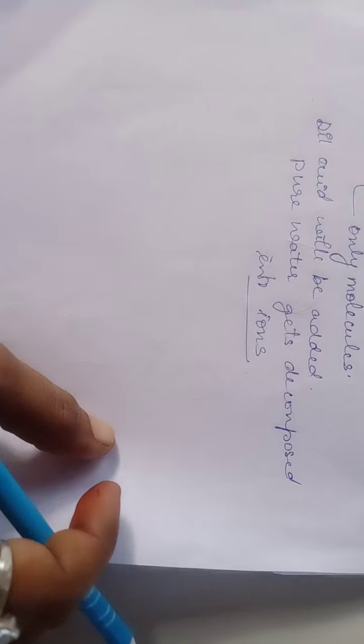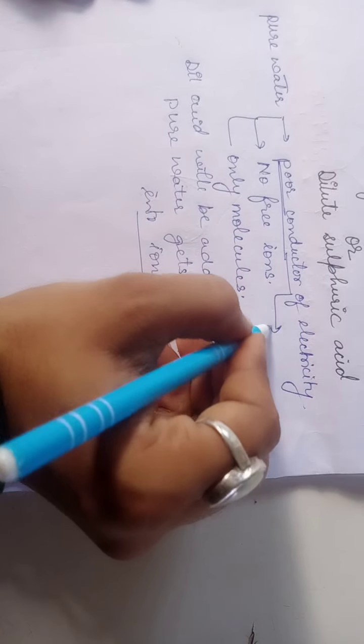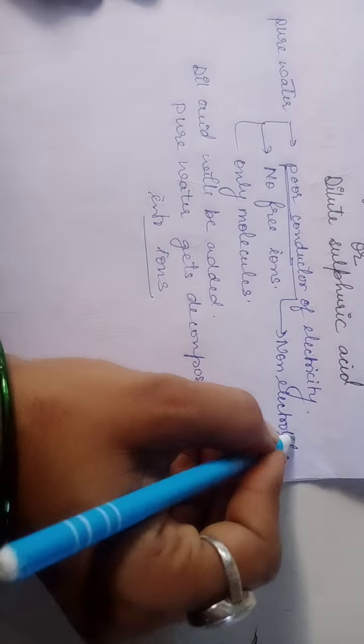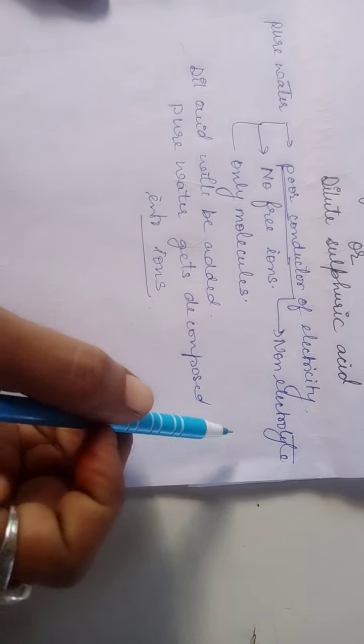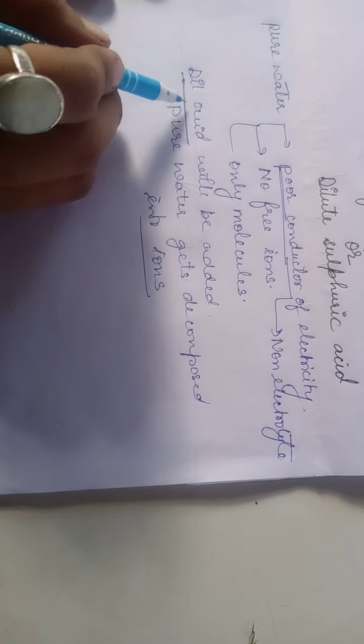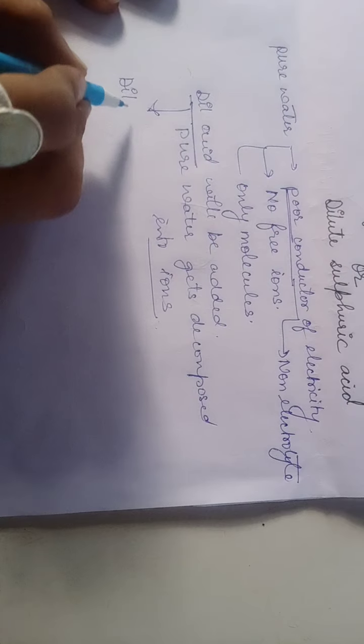Now you know that pure water is almost a non-electrolyte. Actually it is a poor conductor. I should have written here that it is a non-electrolyte because it totally does not conduct electricity. So to conduct electricity we will add what? Dilute acid. Now which dilute acid is preferred here? We prefer dilute H2SO4.